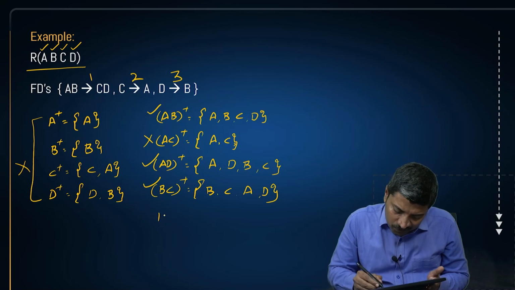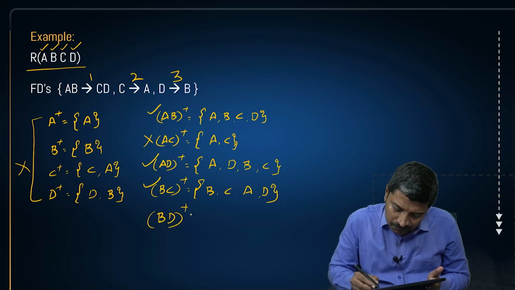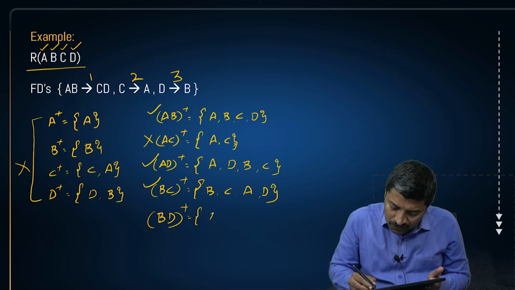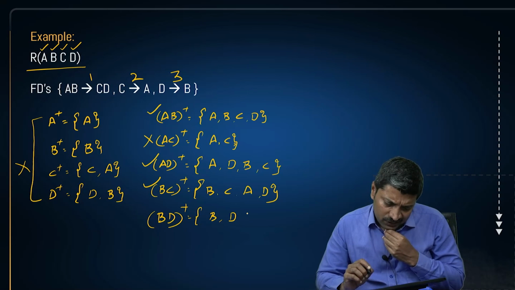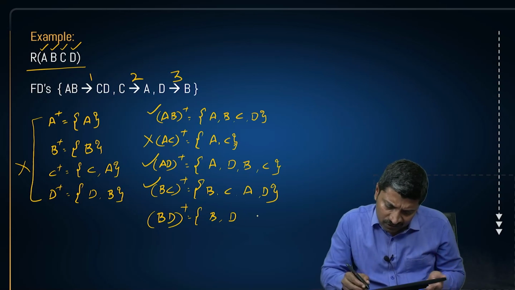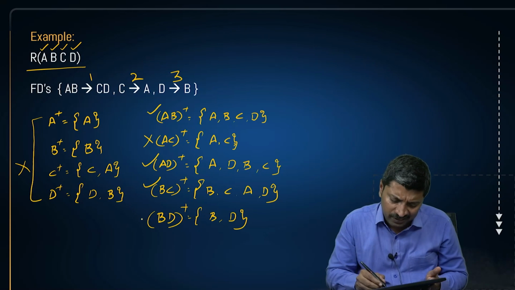What is the next possibility? BD plus. We have two attributes B and D. Anything else? By the third one we can identify B. B is already there. No, we are unable to get any more attributes. So it cannot be a key.